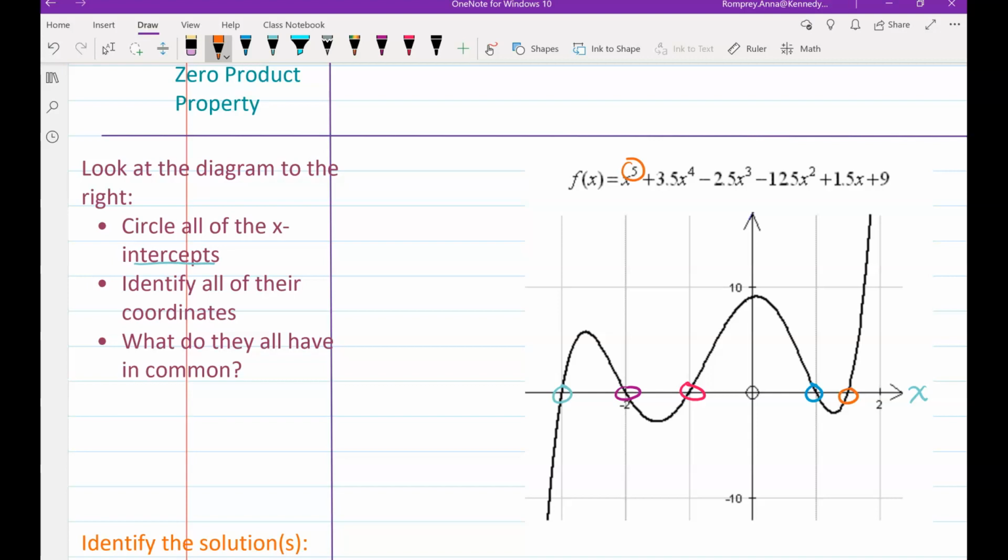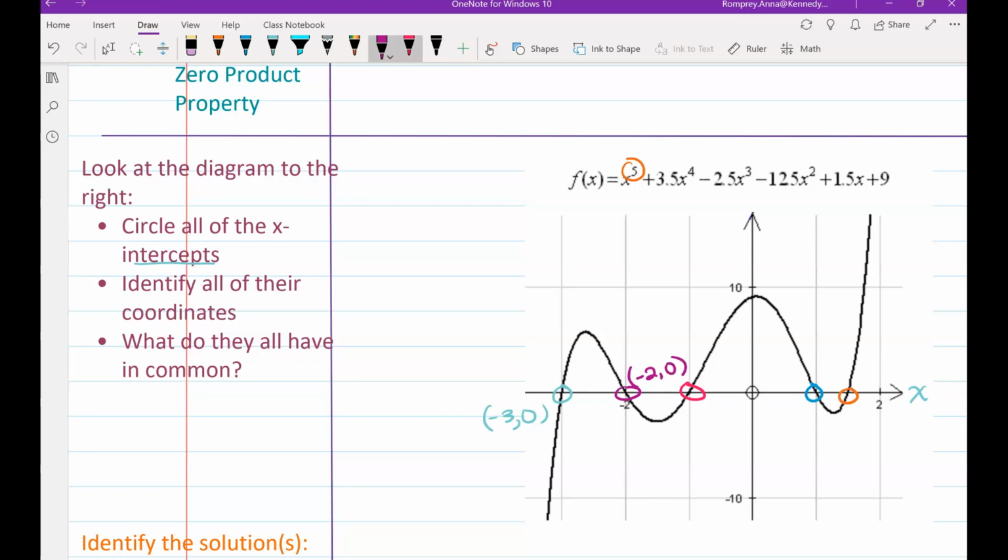So it asks us to identify all of their coordinates. Okay, so I'm just going to start from left to right. If I look from the origin, I go 1, 2, 3 to the left. So -3, and I don't go up or down, so -3, 0. That's the coordinate of my first one. Then next, same thing from the origin, left 2, up or down 0.